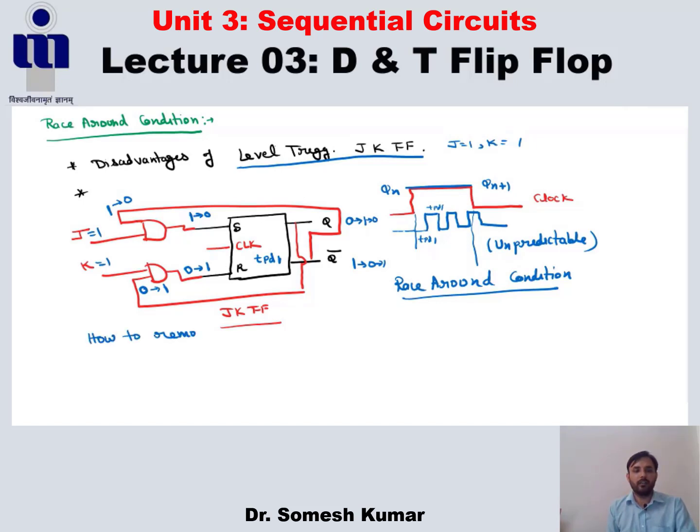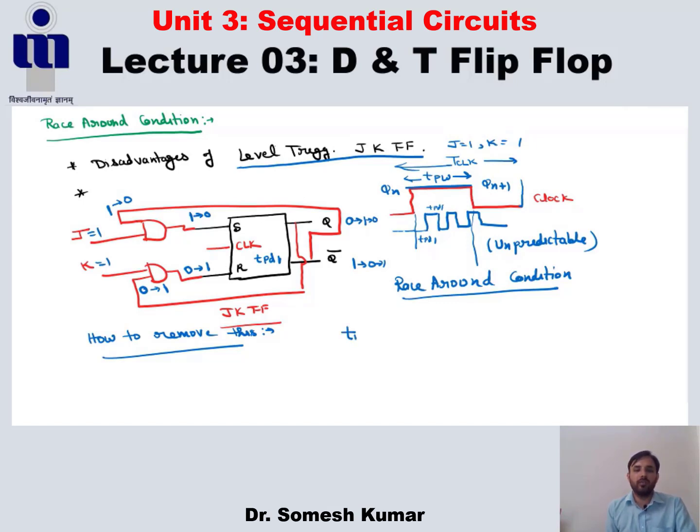Now, how do we remove this race around condition? Can you please tell me how to remove this? If this is our TPW, the pulse width of our clock, and this is our full clock cycle TCLK, how do we remove the race around condition?